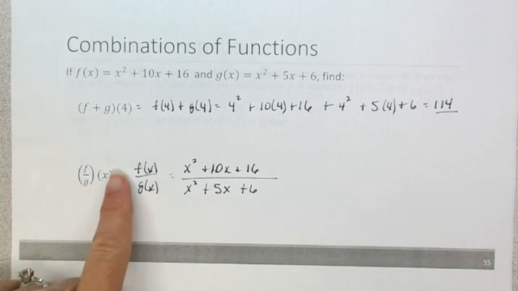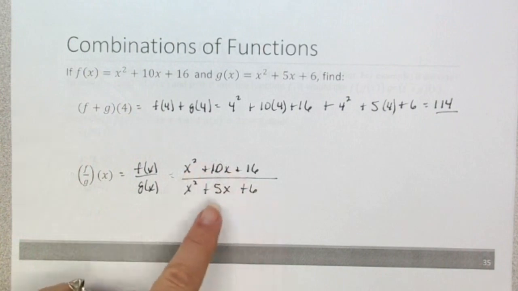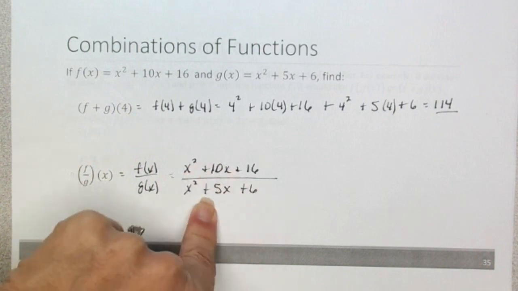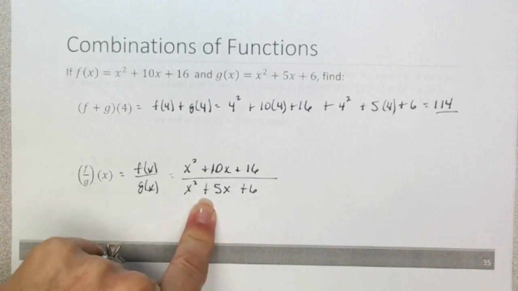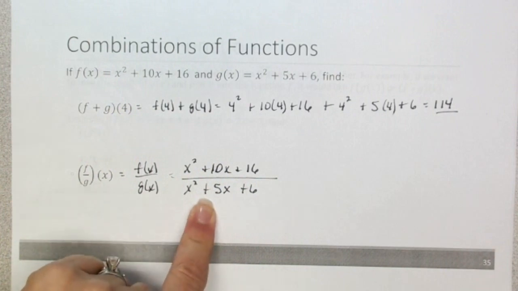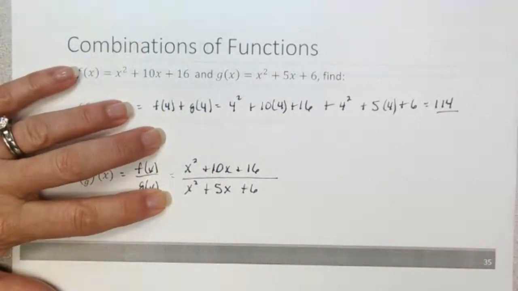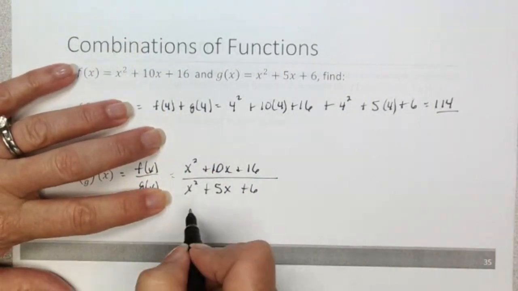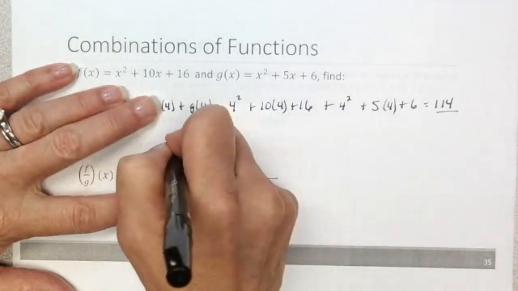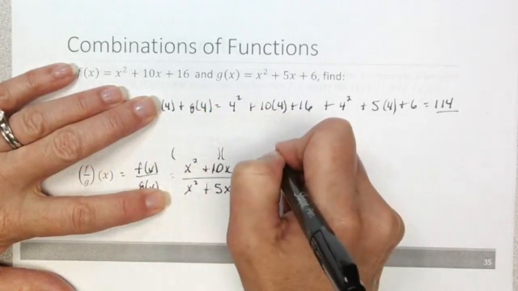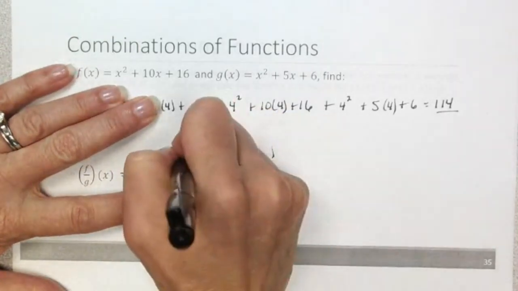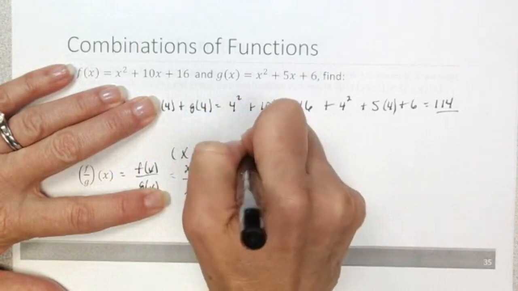But when we're dividing these functions, we have a rational expression, and we know that rational expressions should be simplified if they can. So maybe we should factor the numerator, factor the denominator, and see if we have any common factors we can divide out. Well, that numerator will factor into x plus 2 times x plus 8.